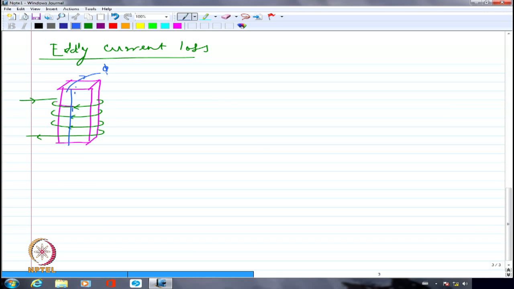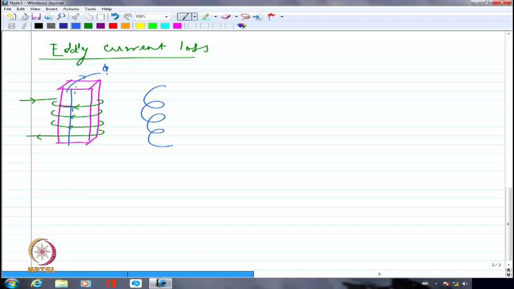Now, the iron or the ferromagnetic material which is used to make the core, that is also not a non-conductor. That is definitely a conductor. So when we say that we have another winding wound on another limb of the core, I'm going to have some induced EMF, and if I connect the load, it will have an induced current.